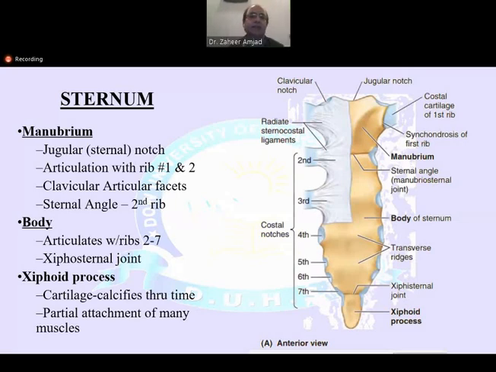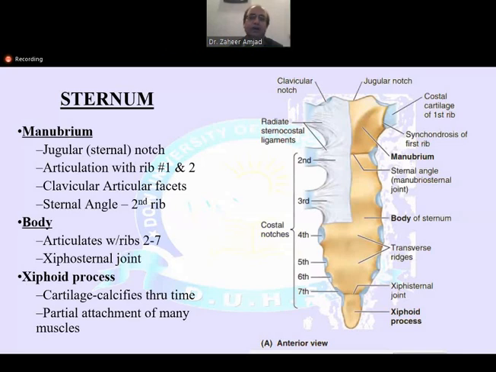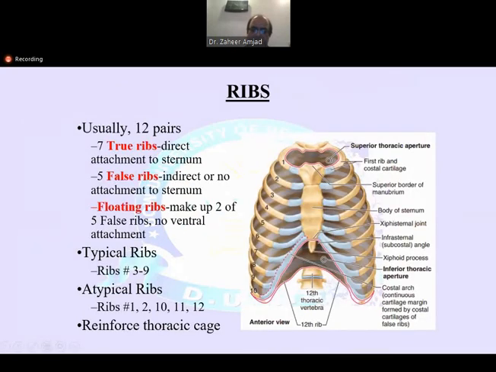Then the ribs below that, that is 8th, 9th, and 10th, are joined to the costal cartilages of the upper ribs, and they form the costal margin. Those ribs are called false ribs. If you see here, the 1st, 2nd, 3rd, 4th, 5th, 6th, 7th are the ribs which are joined directly to the sternum.